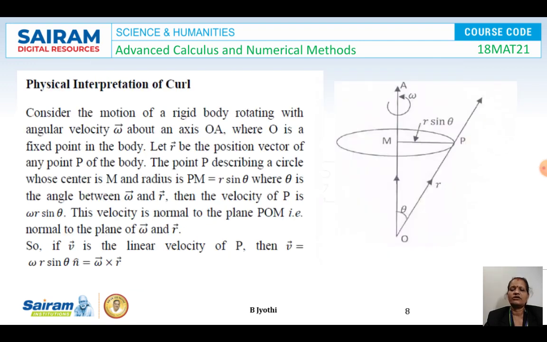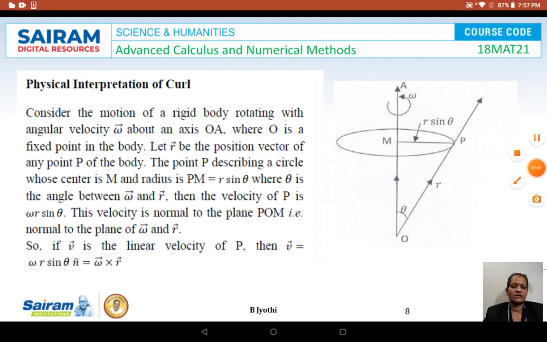So what is one of the interpretations I would like to give? The physical interpretation of the curl. Consider the motion of a rigid body rotating with angular velocity omega about the axis OA. This is along the OA.